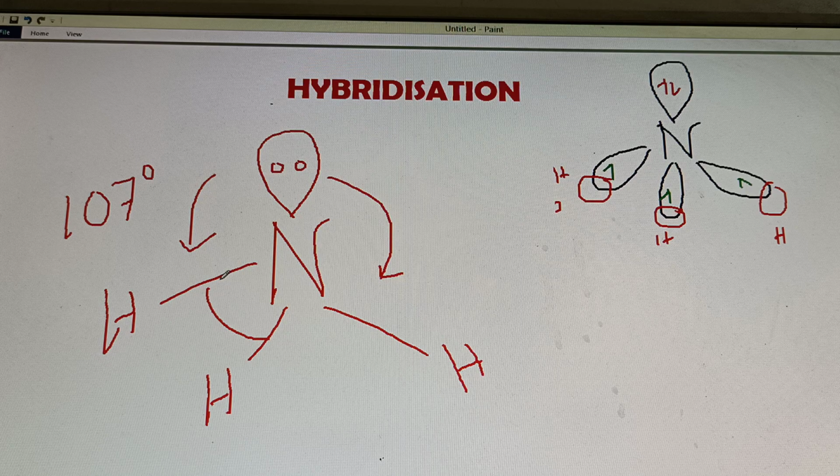The bond angle is reduced due to the presence of one lone pair on the nitrogen atom. Clear?